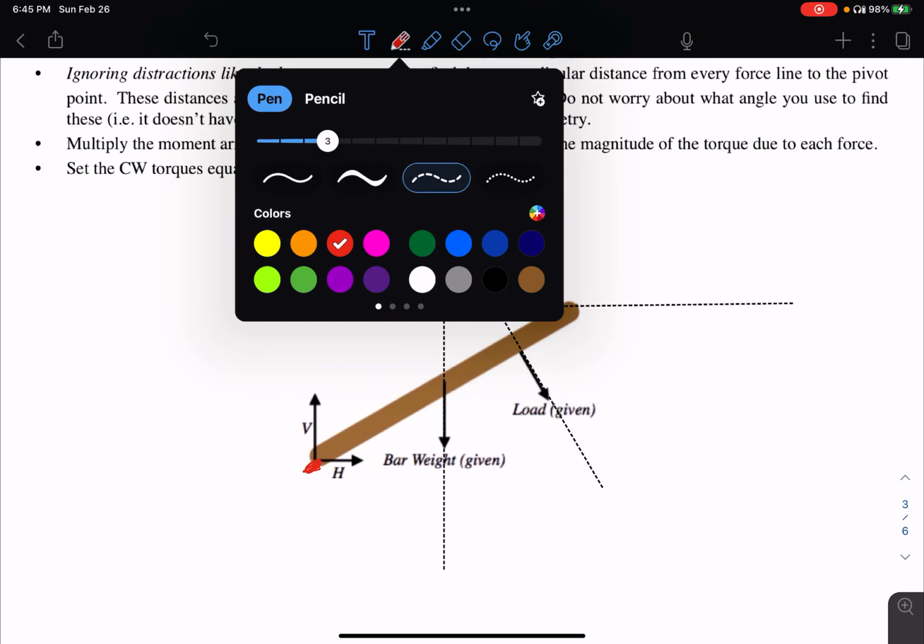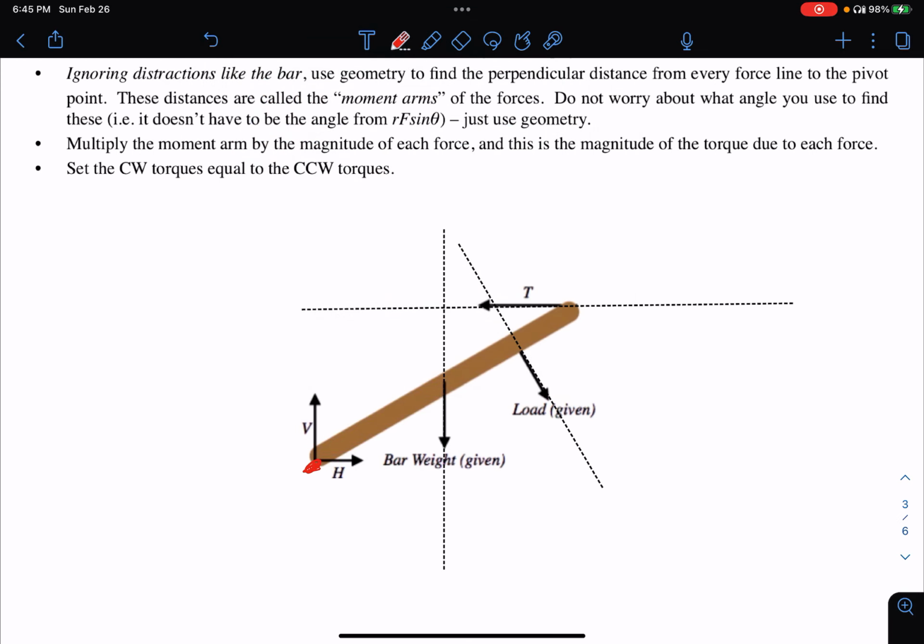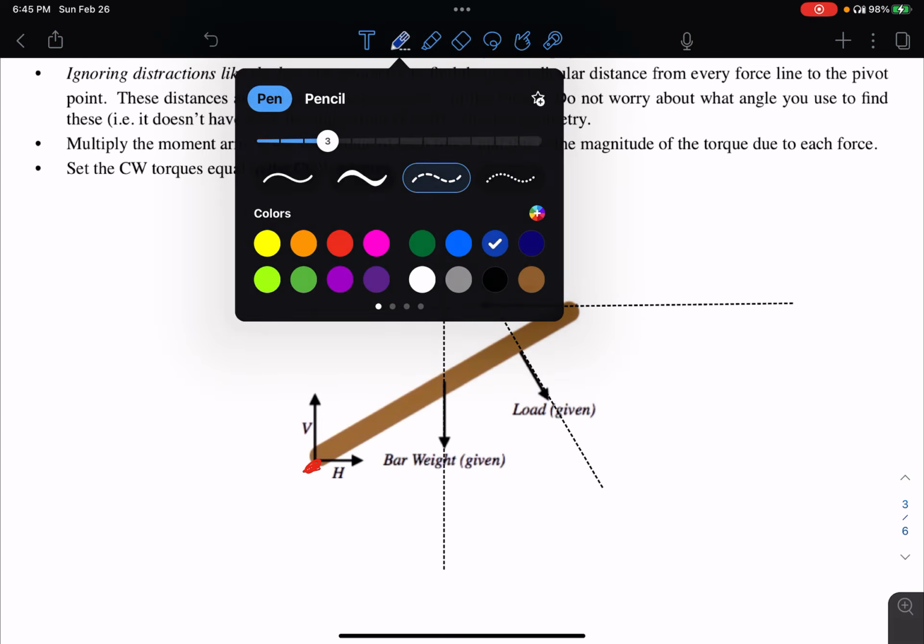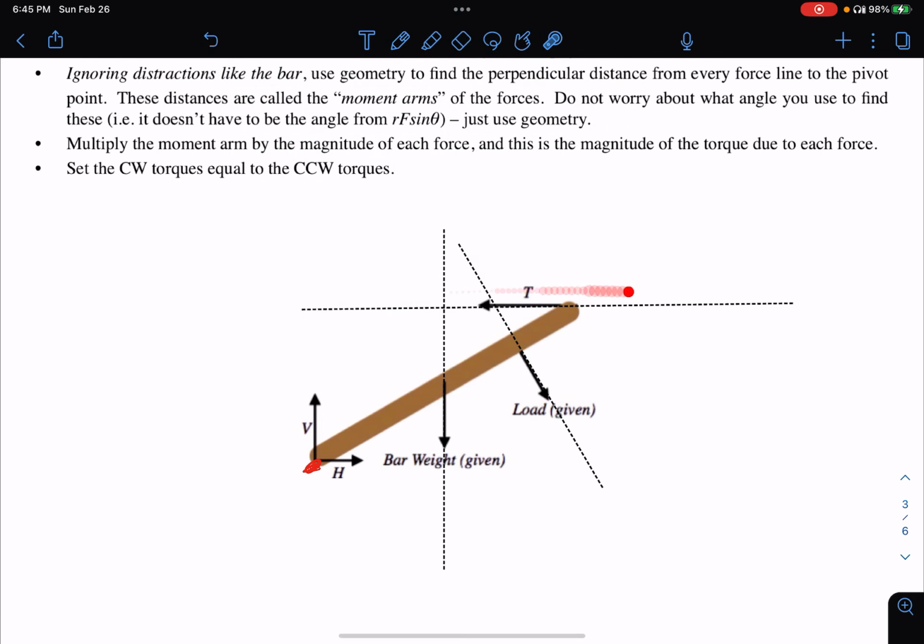Let's start with this horizontal tension force, because here is the dotted line, so the closest distance will be this one. And for the loading, the closest distance will just be here along the rod.